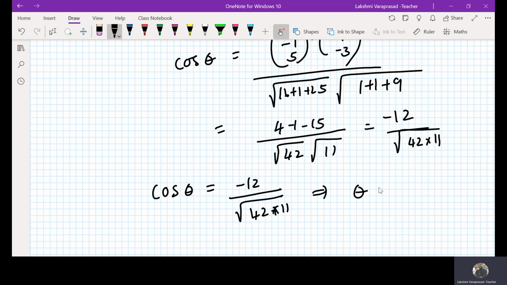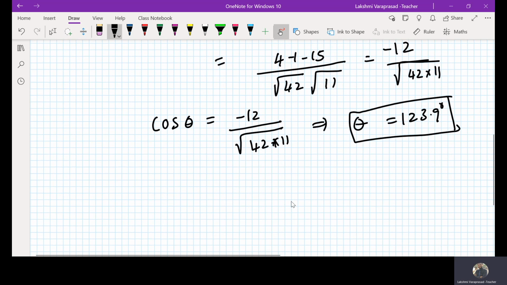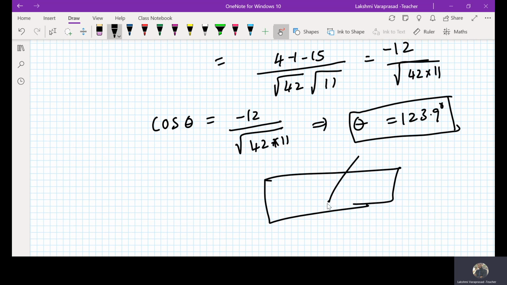If you do it on the GDC, you may get the answer 123.9 degrees. That means we have one plane like that, and another plane like that, and the angle between these two is approximately 124 degrees.